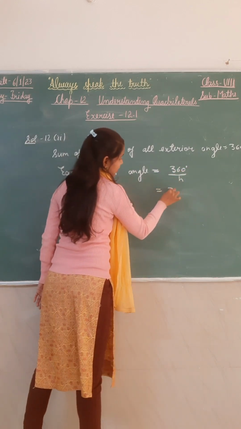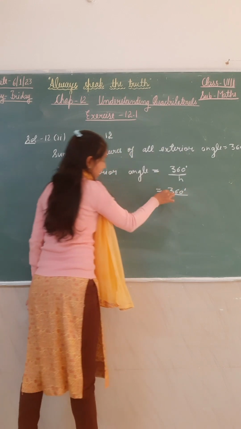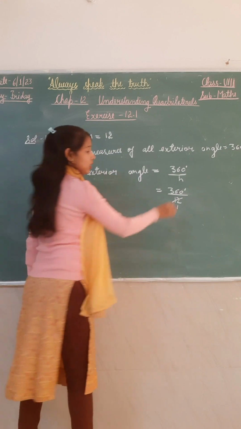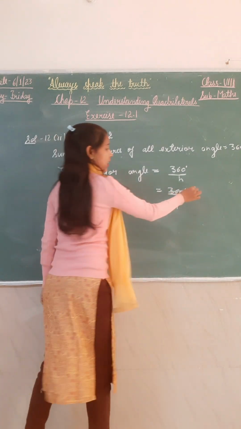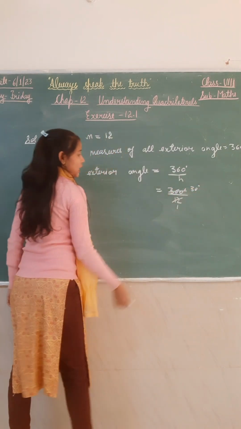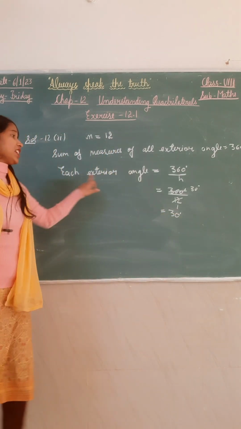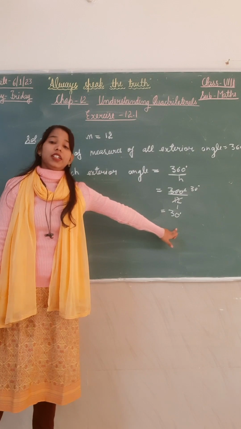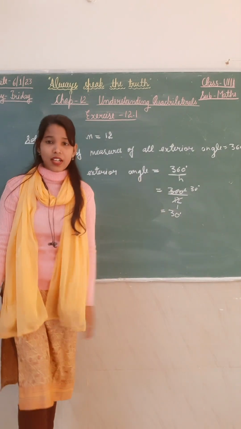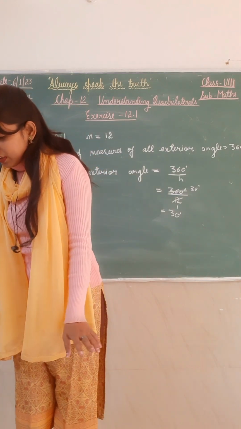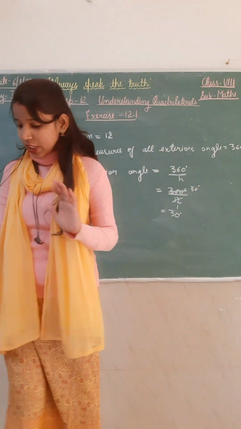So 360 degrees divided by n, which is 12. 12 ones are 12, 12 threes are 36 and zero is 0. That means 30 degrees. Each exterior angle will be 30 degrees. Got it, class? So it's very easy, right? Part 1 you have to do. It's your homework.